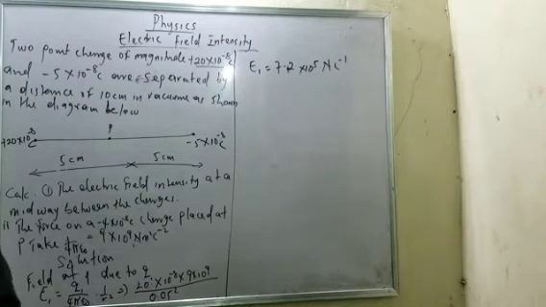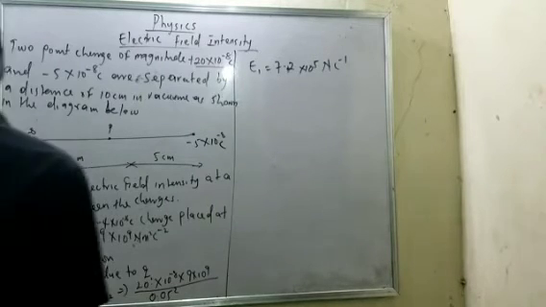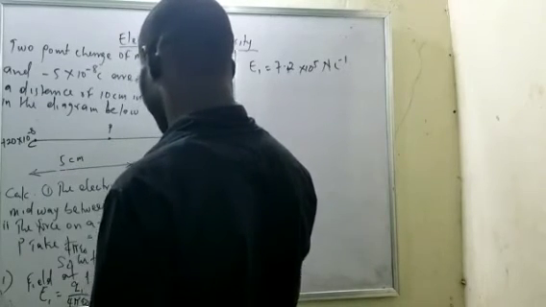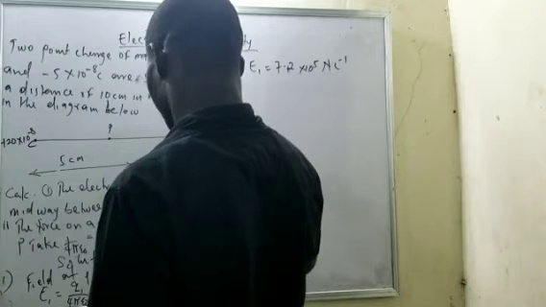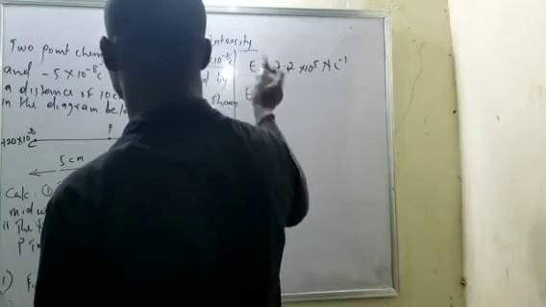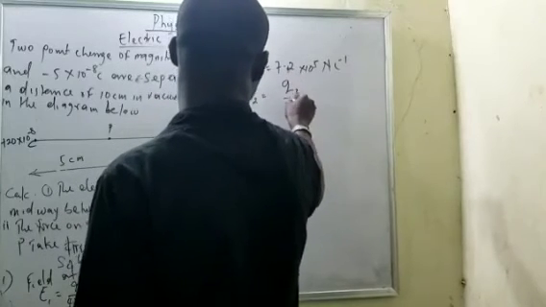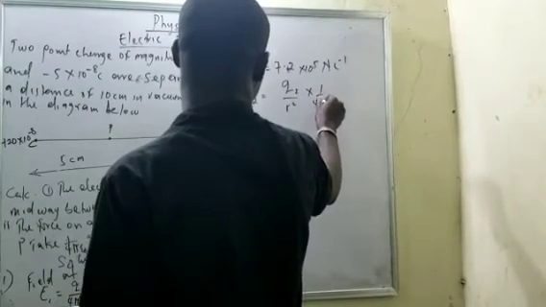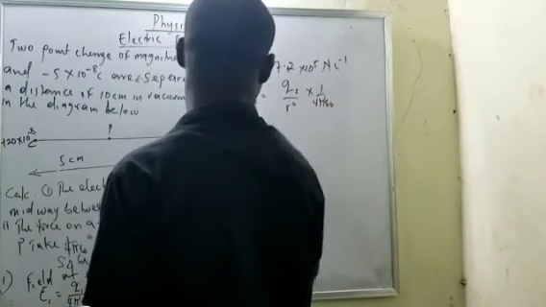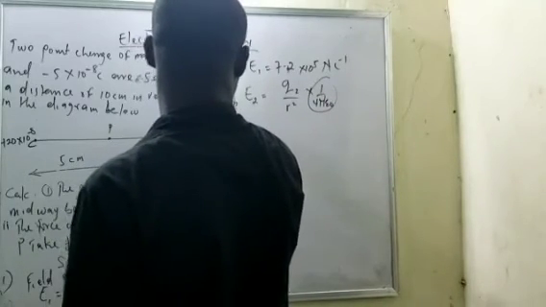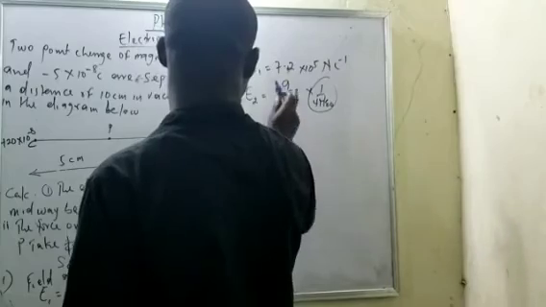Now, by so doing that, I've gotten the electric field intensity at 1. I'll move on to the second one, which is the field E2. My E2 will be equal to the same way, Q2 divided by r squared multiplied by 1 over 4 pi epsilon naught. What is my E2 to be?